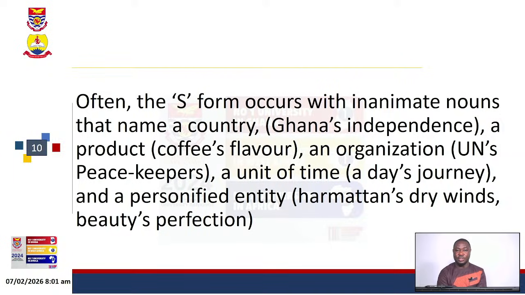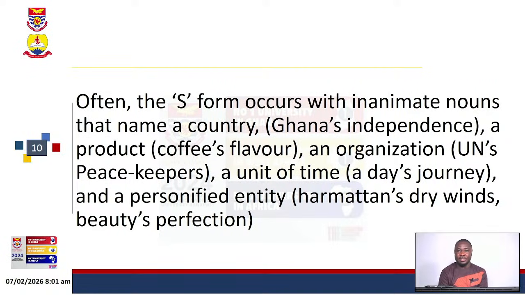Sometimes it can be a unit of time, as we have already seen in previous examples. This is a day's journey. Don't pack all your stuff. It's a day's journey. Then you can also have the apostrophe plus S restored when the inanimate noun is seen as a personified entity. We see it as a human, okay?